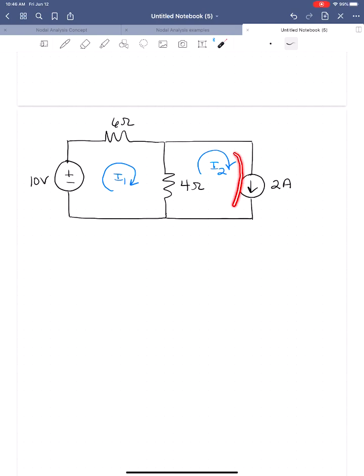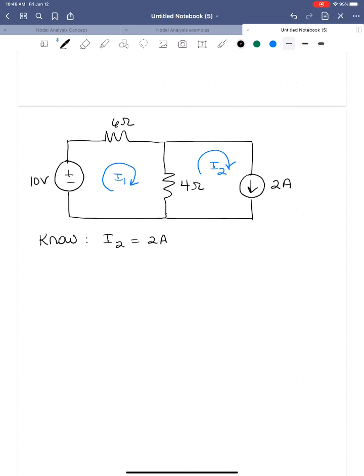Also, I2 in this particular circuit happens to be flowing in the same direction as the source. So we know that I2 is equal to 2 amps. We know that right off the bat, and that's all we know about this particular circuit before we even get started writing mesh equations.